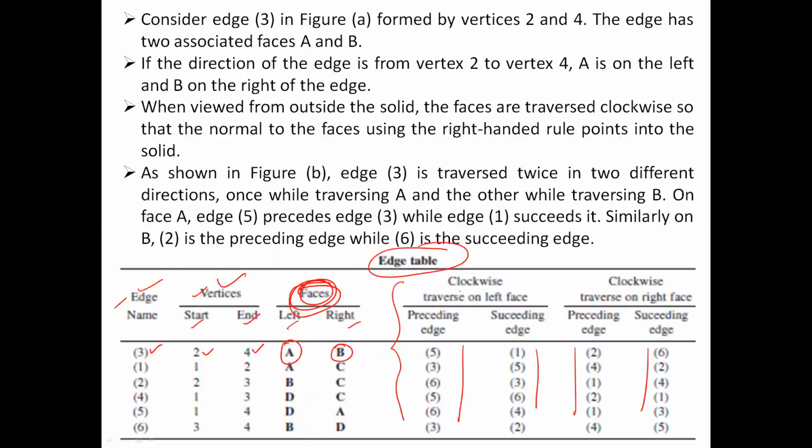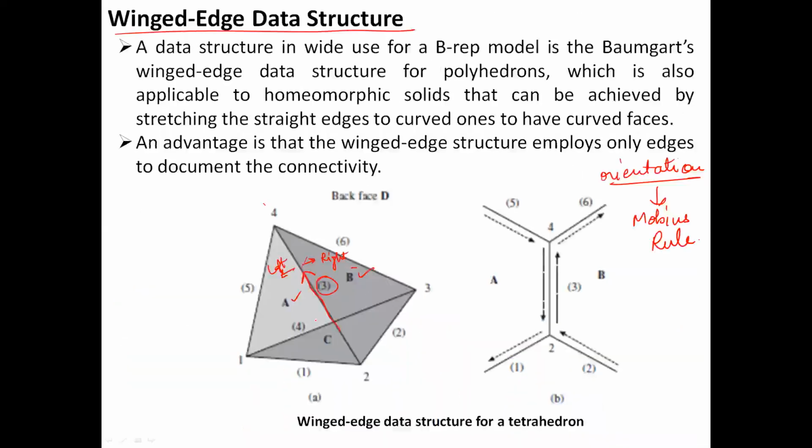Now we will discuss the left face. We are only talking about the left face. This is the left face. So this orientation is here. What will be the next orientation? This one. And what will be the orientation of this?